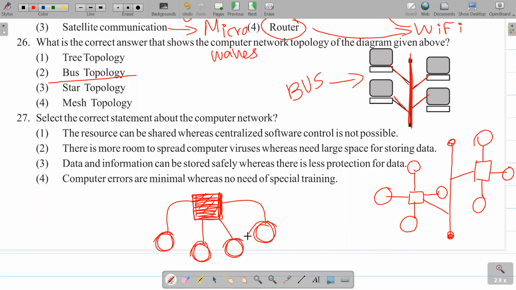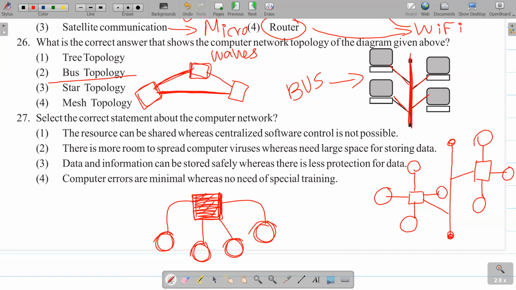And if you are having something like this, what is this? Ring topology. Yeah, it is a ring topology, right? How are we going to recognize a ring? One particular device is connected to only two devices.